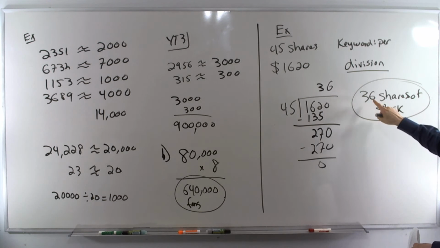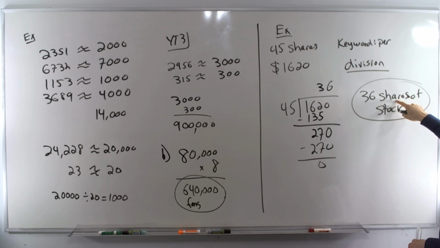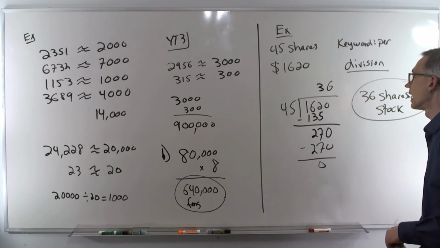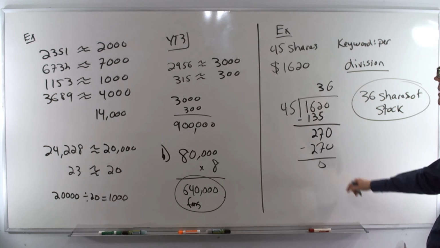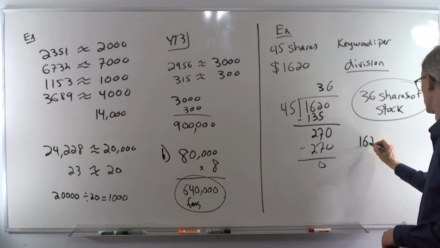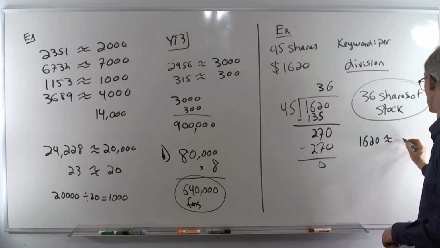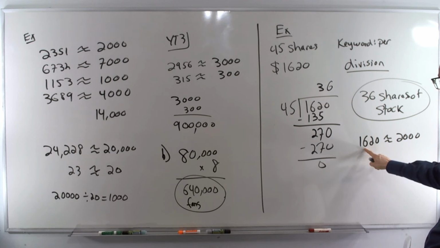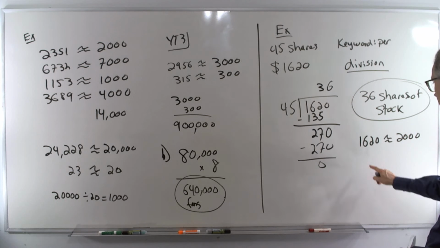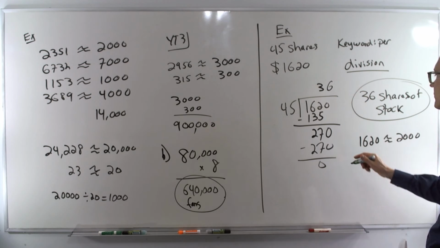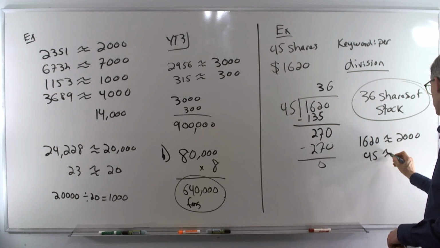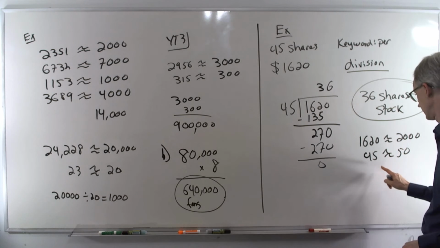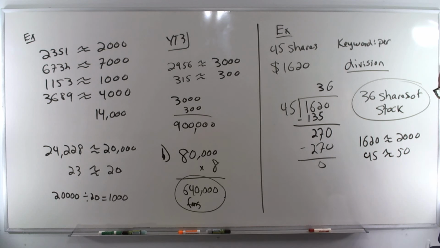All right, so our numerical answer here, the unit is shares, and what are we talking about? Stocks. Okay, so now let's do an estimation. 1620 rounds to 2,000. 6 is greater than or equal to 5, so we increment 1 by 1, turn it into 2. 45 rounds to 50. 5 or greater, raise 4 by 1.